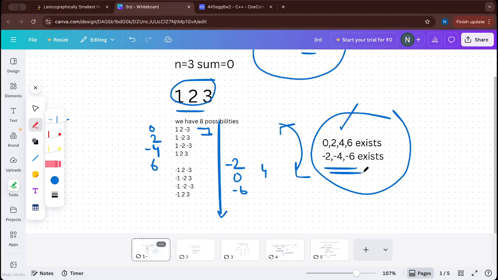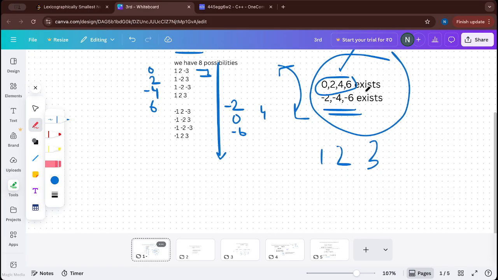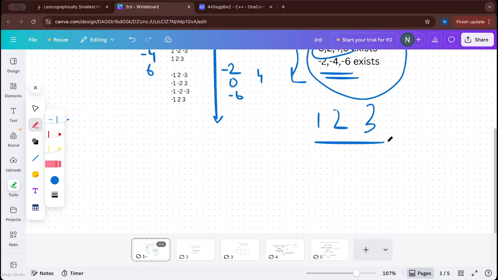So why are we unable to get any odd number? Why are we able to get only even numbers? Because let's say we have 1, 2, 3, right? If we are trying to make some elements negative, so for example we have 1, 2, 3, what is the sum? The sum is 6 initially. And if we make 2 negative in the permutation, then we are subtracting 2 into 2, right?